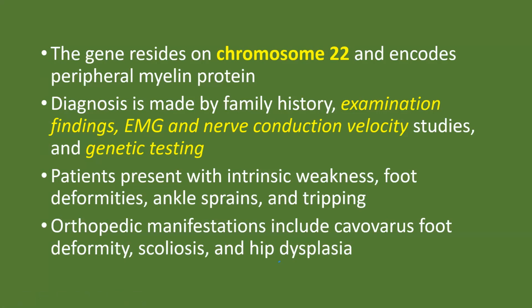The diagnosis is made by family history, examination findings, EMG, nerve conduction velocity studies, and genetic testing. Patients present with intrinsic weakness, foot deformities, ankle sprains and tripping. Orthopedic manifestations include cavovarus foot deformities, scoliosis, and hip dysplasia.